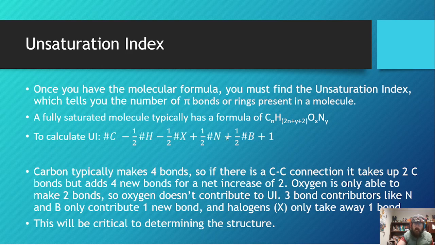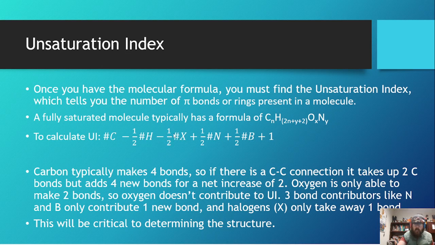We add half the number of nitrogens, half the number of borons, and add 1. So largely it's usually just the number of carbons minus half the hydrogens plus 1. But if you have nitrogens, we have to add.